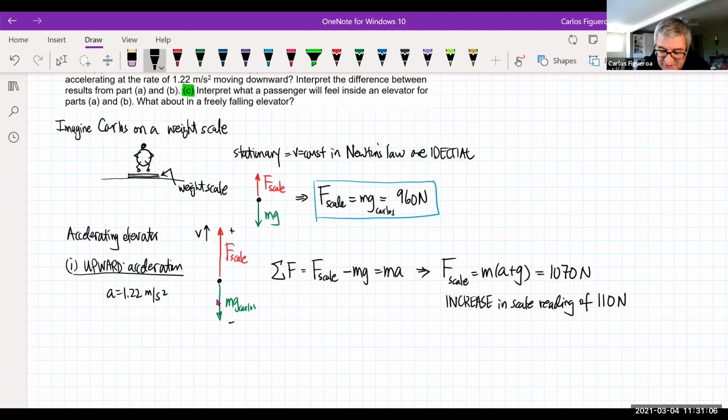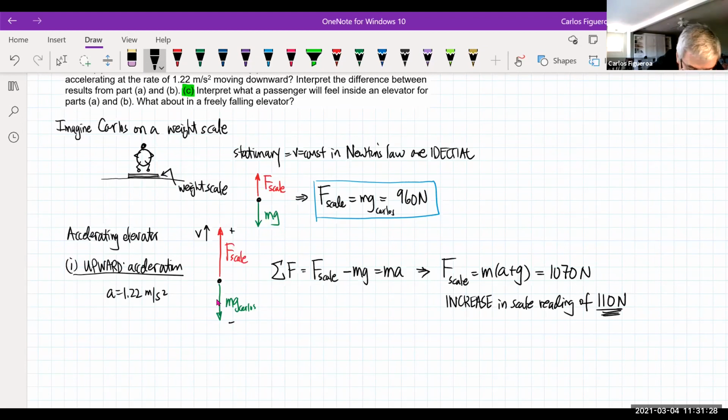That's an increase. And that means we have to increase the force acting on Carlos by 110 newtons in order to keep him accelerating at 1.22 meters per second squared.